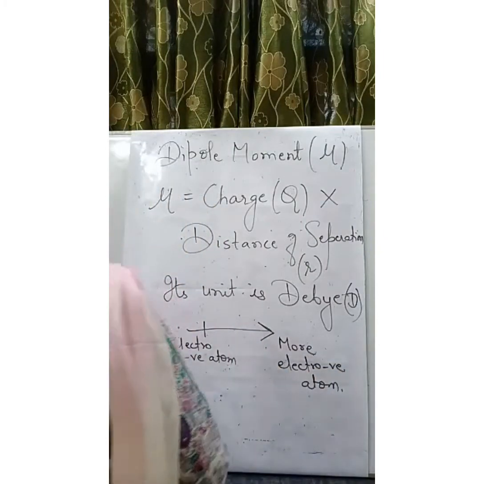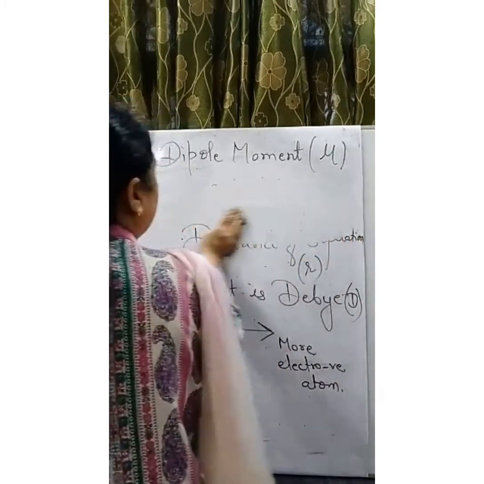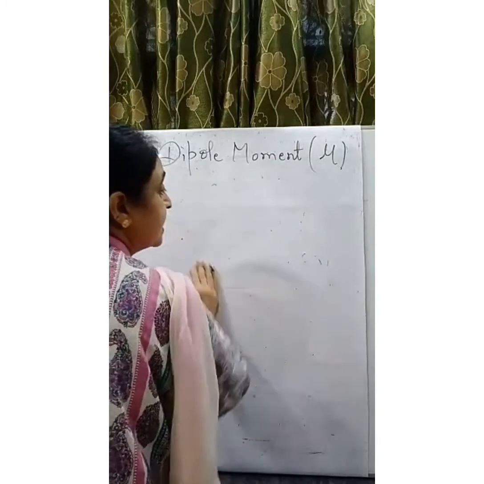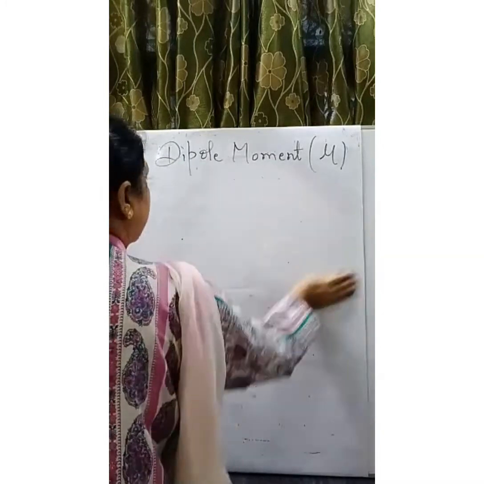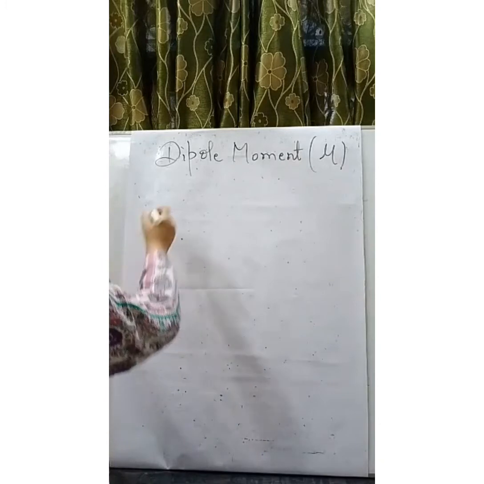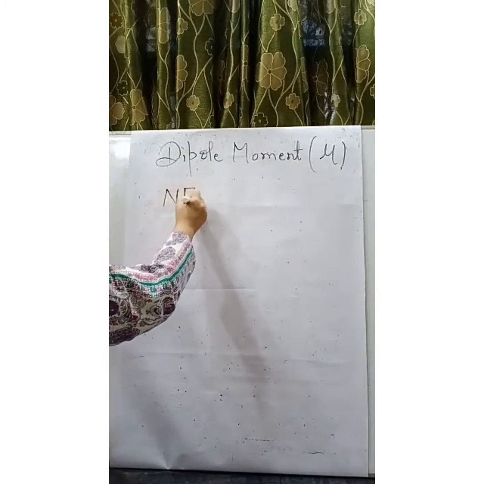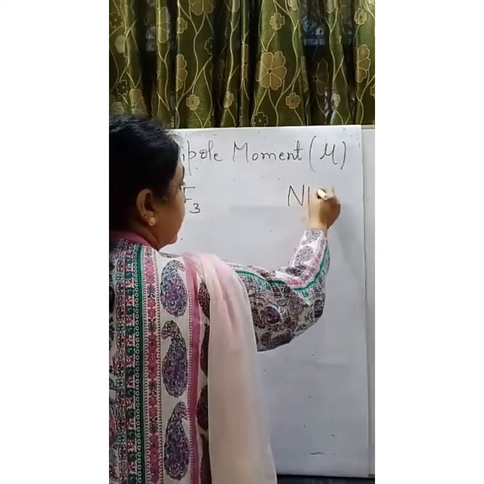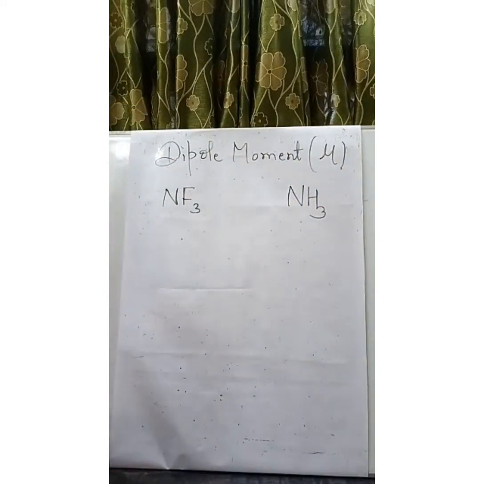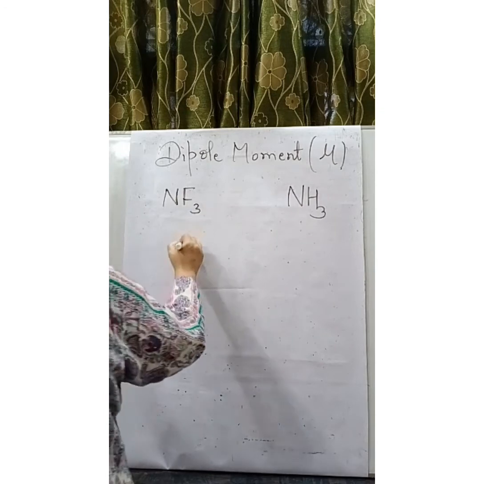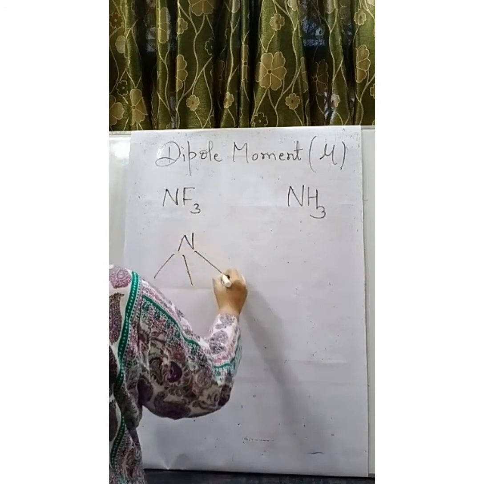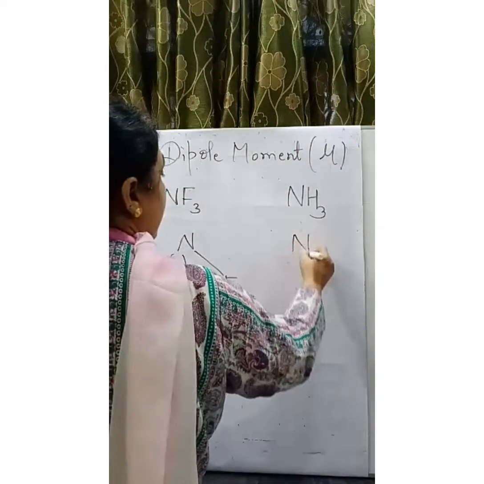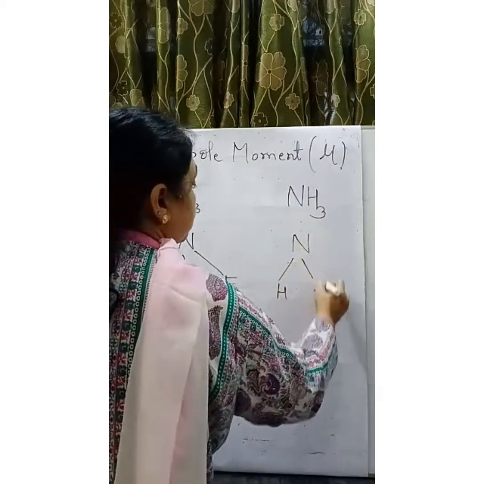For example, if a give reason is being asked that NF3 has less dipole moment compared to NH3, give reason. Now you know that NF3 and NH3 have trigonal pyramidal shape. This is NF3 and this is NH3.